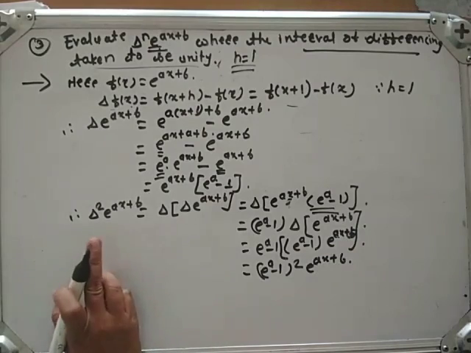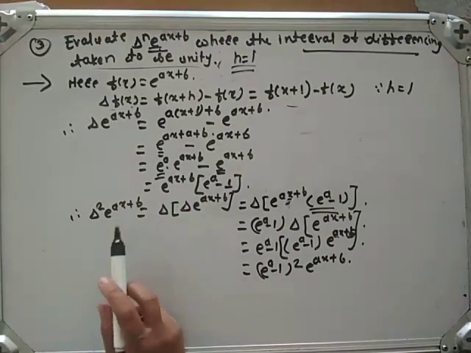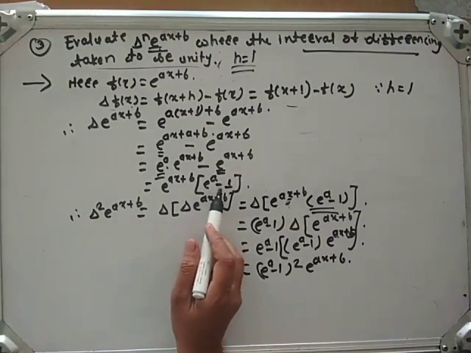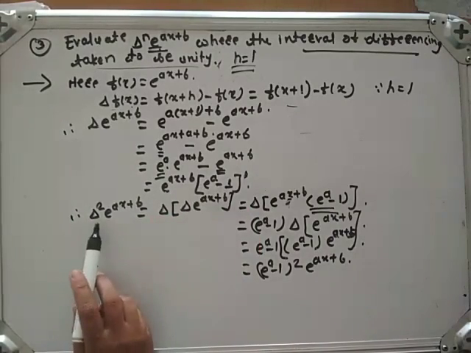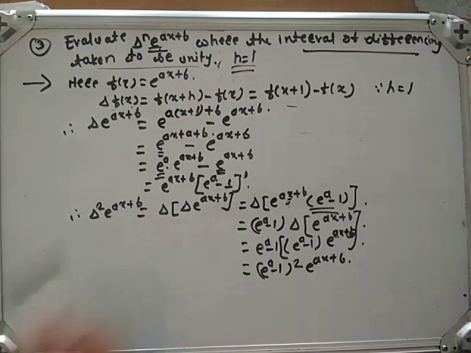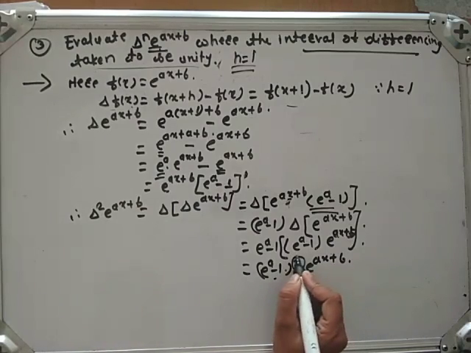So observe that delta of e raised to ax plus b is (e raised to a minus 1), where the power is 1. Delta square of e raised to ax plus b is equal to (e raised to a minus 1) square, where the power is 2.